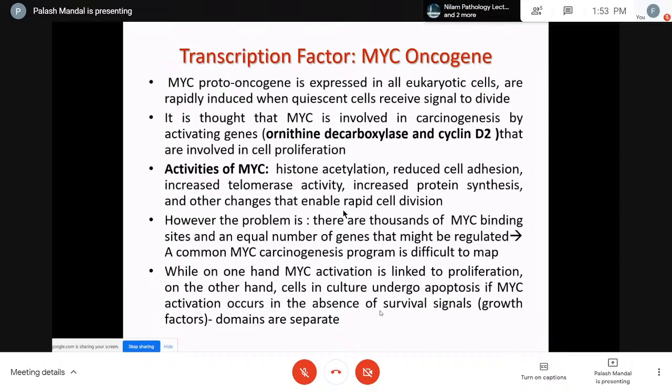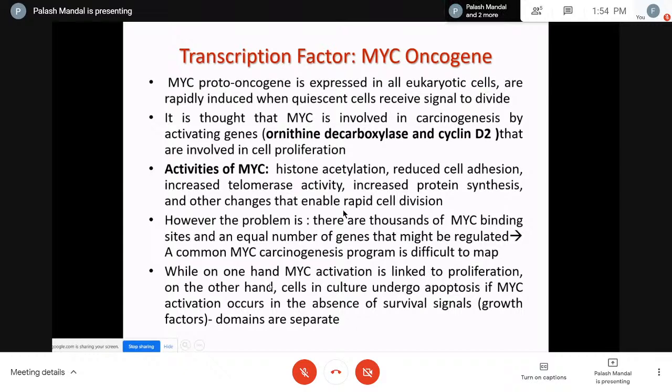So among the transcription factors, one of the proto-oncogenes is MYC, and it is expressed in all the eukaryotic cells, and it is required when a quiescent cell receives a signal to divide. MYC is involved in carcinogenesis by activating genes like ornithine decarboxylase or cyclin-D2 that are involved in cell cycle or cell proliferation.